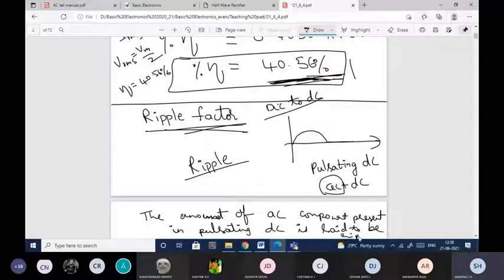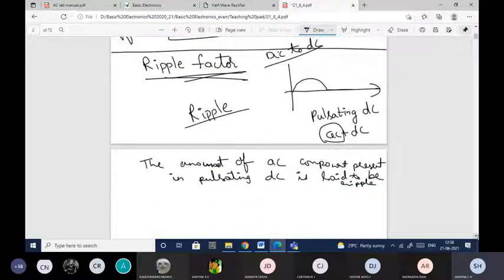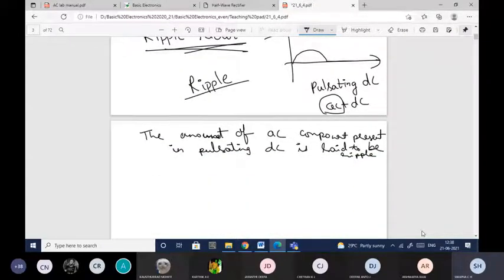Here I need to find out how much ripple is present, and that is given by the ripple factor, generally denoted with gamma. So here I need to find gamma.